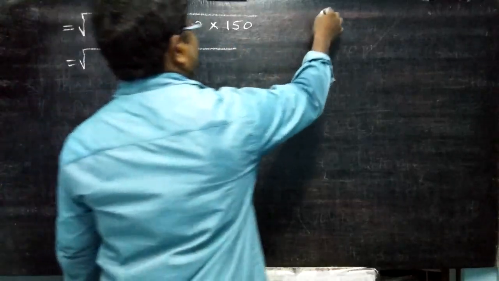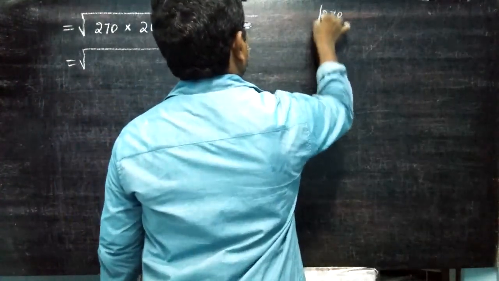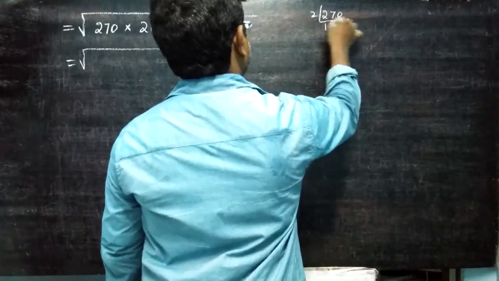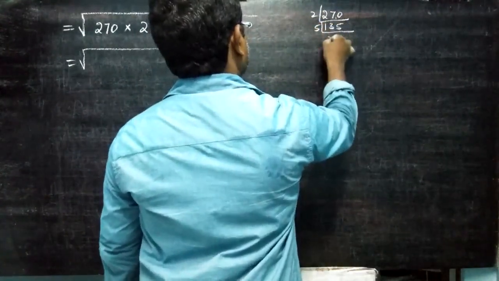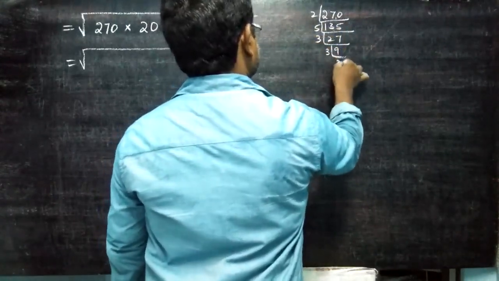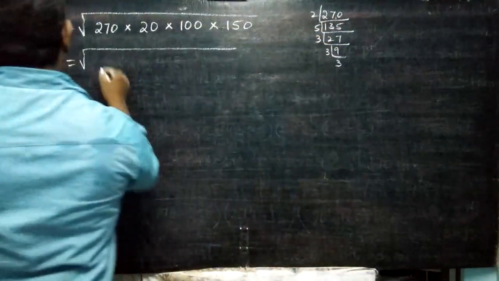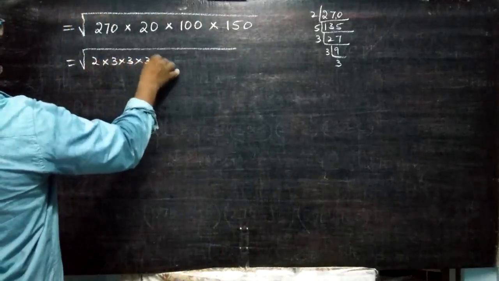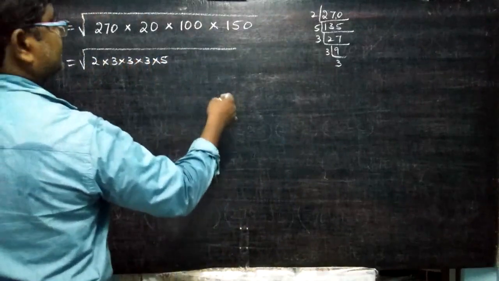For 270, write prime factors. 2 table goes, 2 3s are 6, 2 5s are 10, 3 table goes, 3 9s, 3 3s. So 2 into 3, 3 times, and again one more 5.